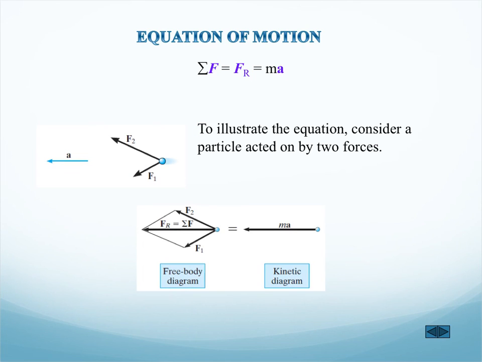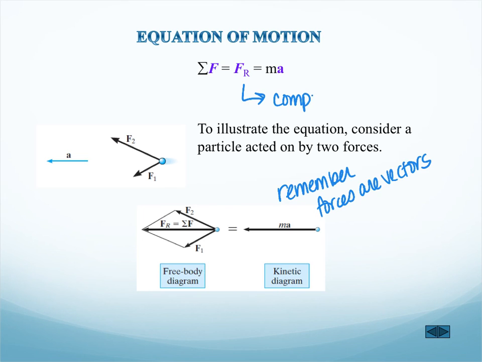Keep in mind that when we're adding the forces, the forces are vectors. And so we will break this expression down into components. As we go through the chapter, we'll start off with x, y, and z components.